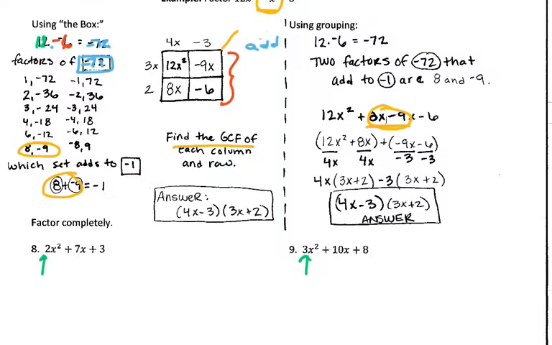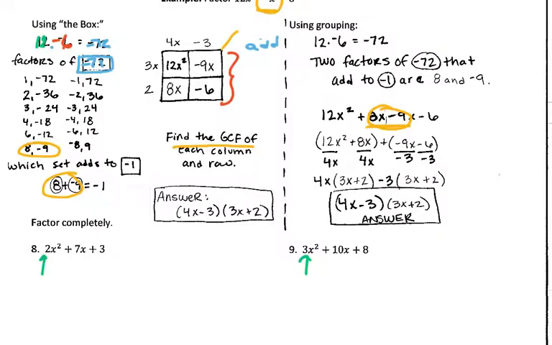As we did in our last lesson, factoring by grouping, you're going to go ahead and group the first two and the second two, take out the GCF, notice that what's in parentheses is alike, take that alike piece out, and then you have your leftovers. You can see that we get the same answer both times, but one of them uses this box of rows and columns, and one of them uses grouping.